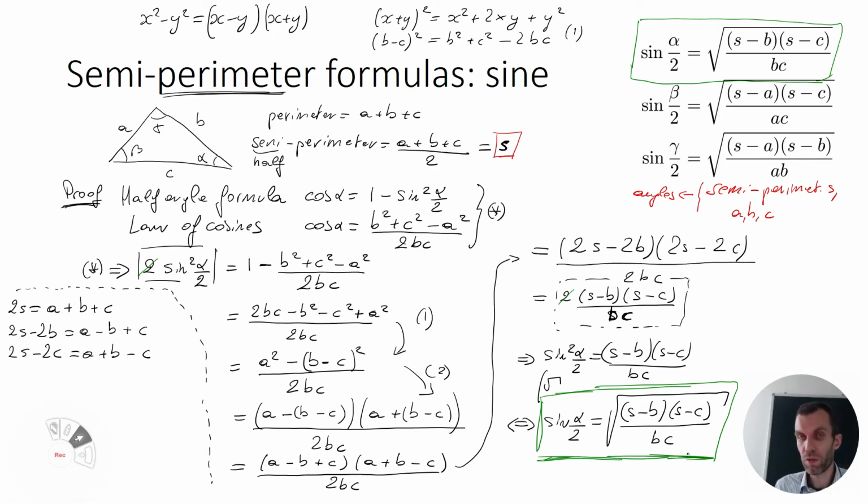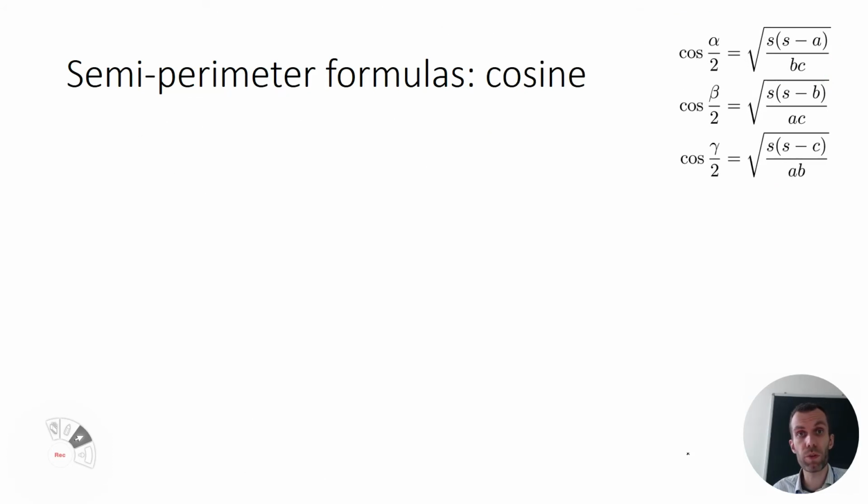So now there's a few more formulas that are similar. I'm not going to work through the entire proof because it's similar in terms of the approach. So there's a semiperimeter formula for the cosine, and it's given here.